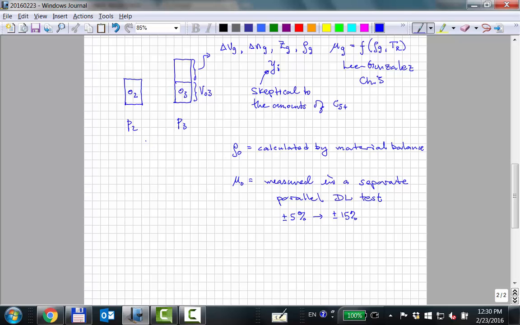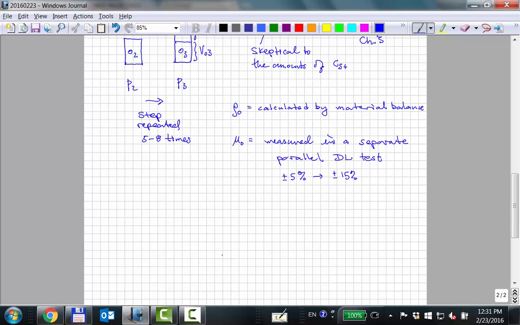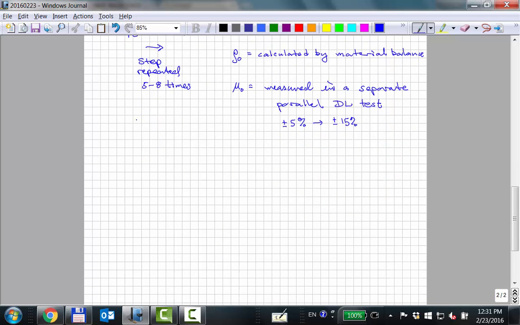So this step here is repeated multiple times, anywhere from 5 to, let's say, 8 times. But then we're going to look at the last stage, pressure N-1 down to atmospheric pressure, because this is done a little bit differently.